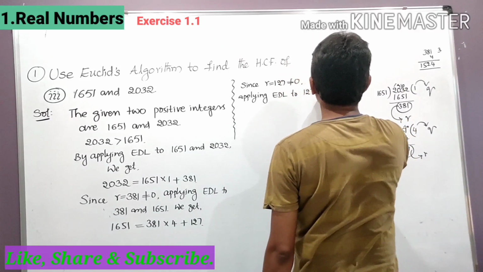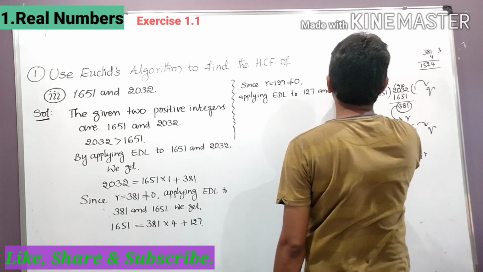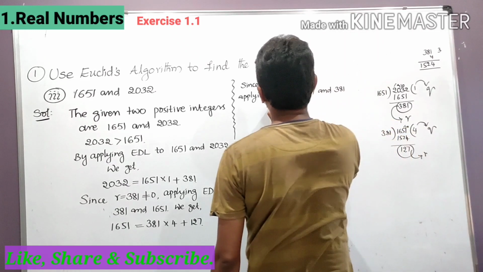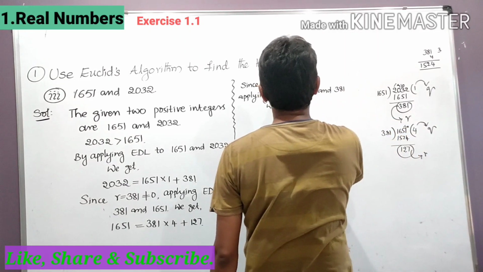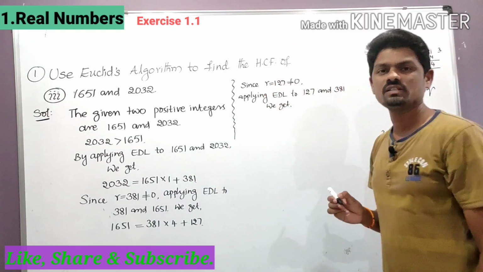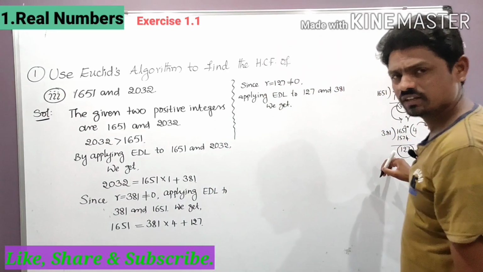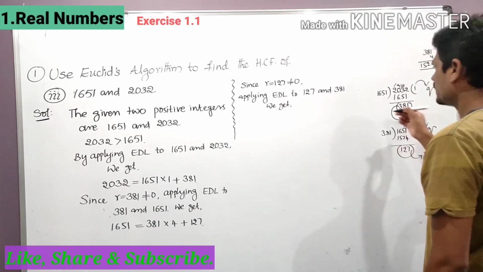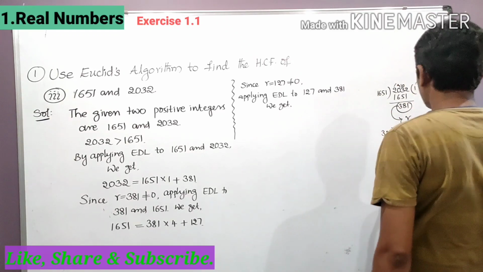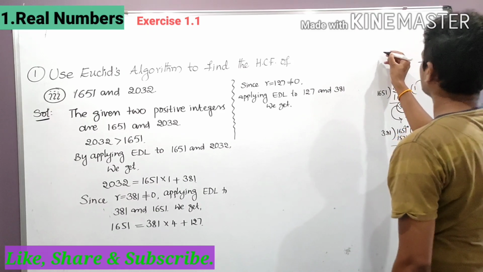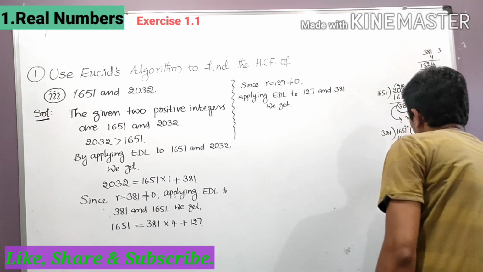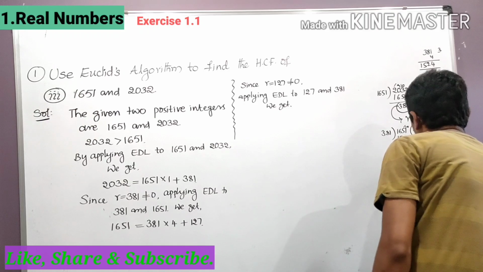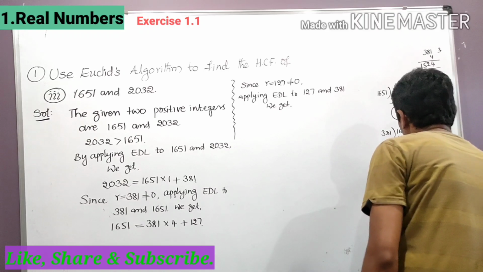Applying Euclid division lemma to 127 and 381, we get: again we have to write in the form A is equal to B into Q plus R. We have to do the division until we get a remainder of 0, student. So I am dividing 381 by 127.